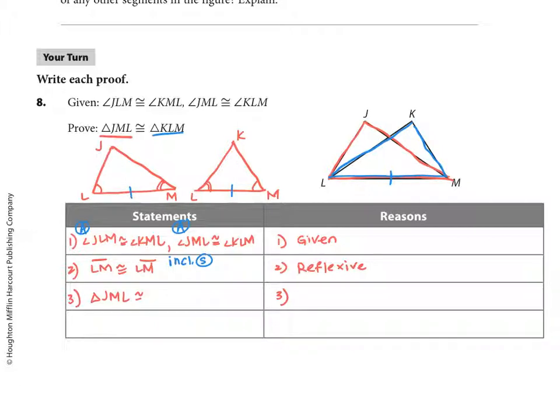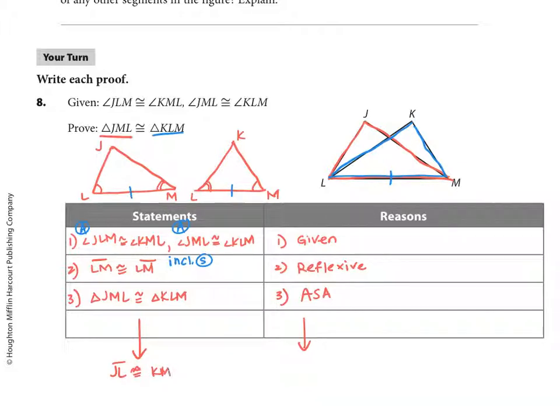Now I want to point this out because you might see this, maybe not in this lesson, but it'll definitely be in one of the lessons. Once we know the two triangles are congruent, then if we need to, we could state JL is congruent to KM, right?